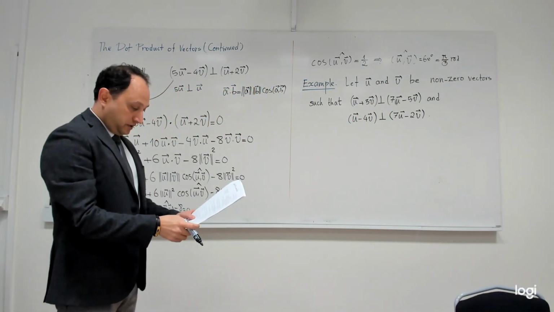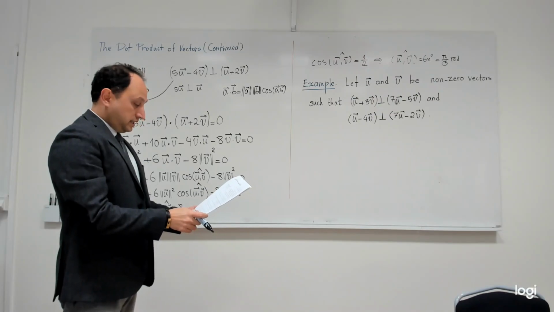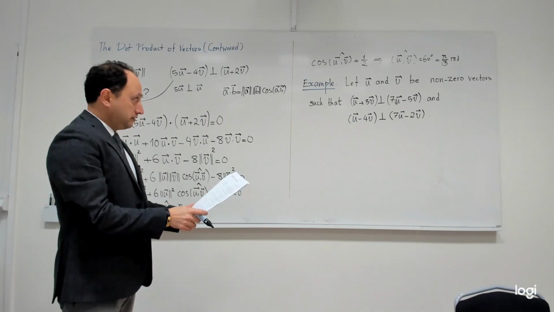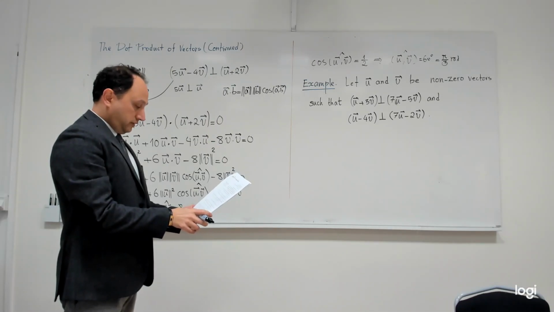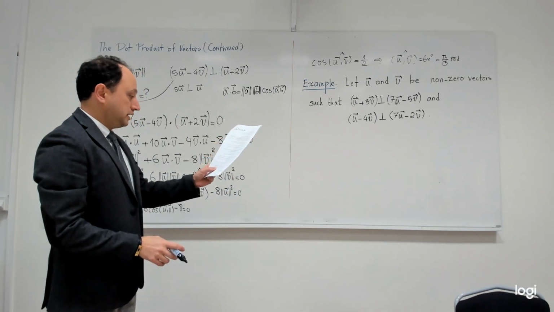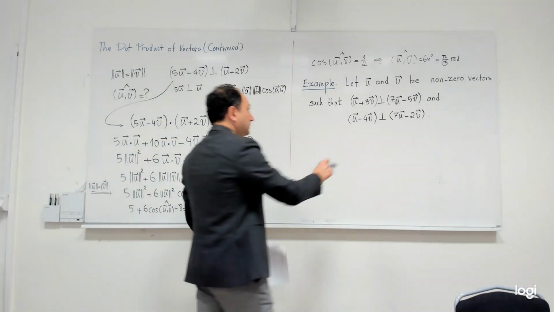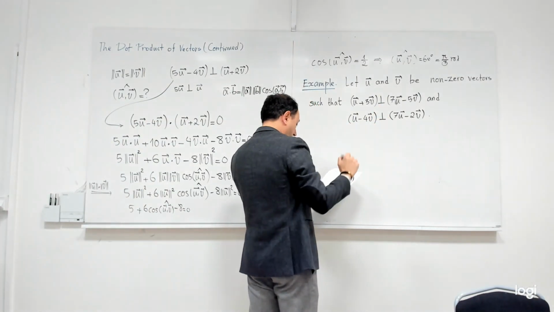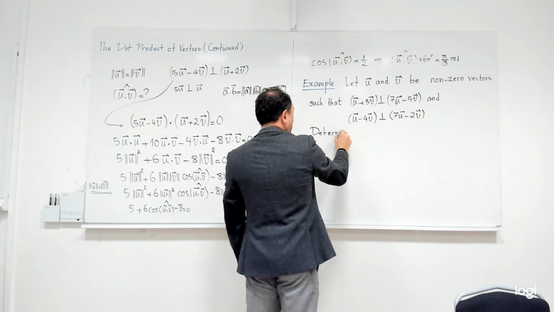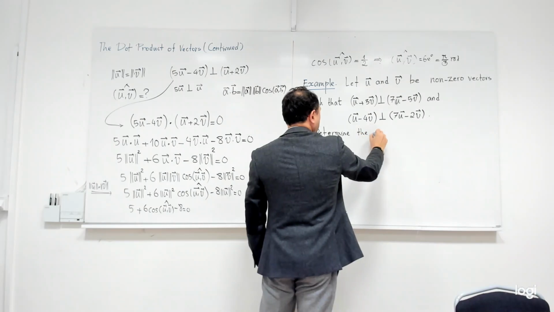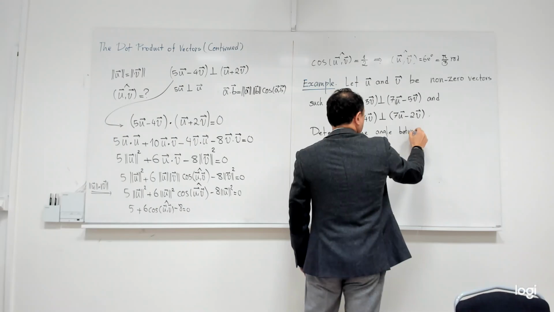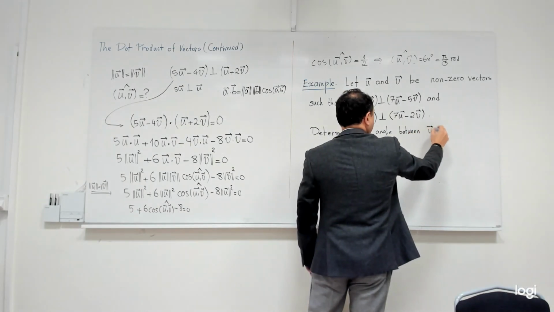Let me double check because these numbers are important. So u plus 3v, 7u minus 5v, and u minus 4v, 7u minus 2v. Yes. We know that these perpendicularity relations hold. And then I want to determine the angle between u and v.